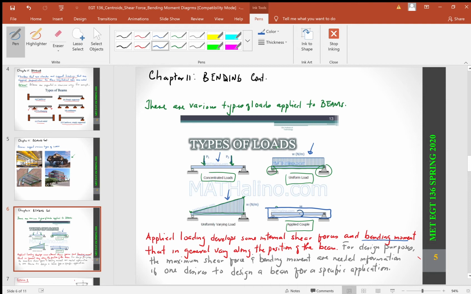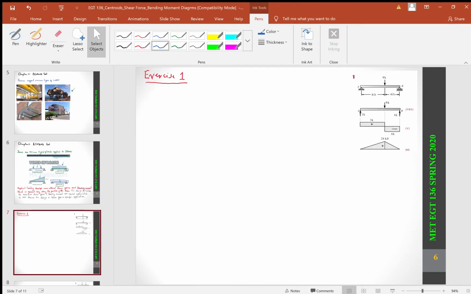So this information is very useful when it comes to designing beams for various applications. You definitely don't want to use a beam that is not suitable for a particular application, because it will be catastrophic.